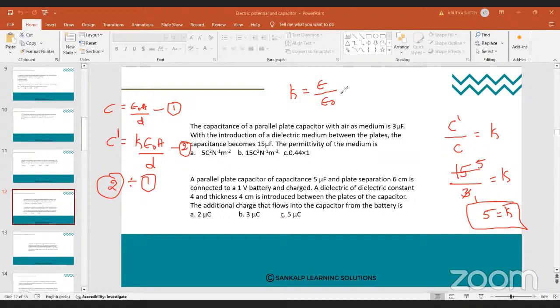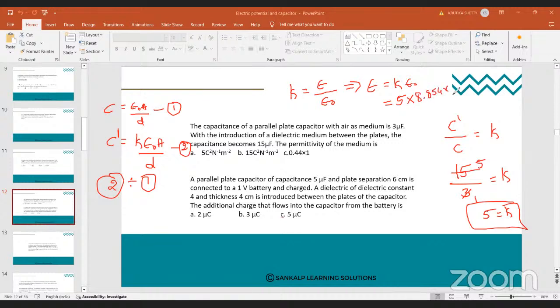So now we require the epsilon value, which implies epsilon is equal to K into epsilon naught. That is equal to 5 into epsilon naught. From the first chapter we have studied that the value of epsilon naught is 8.854 into 10 raised to minus 12.